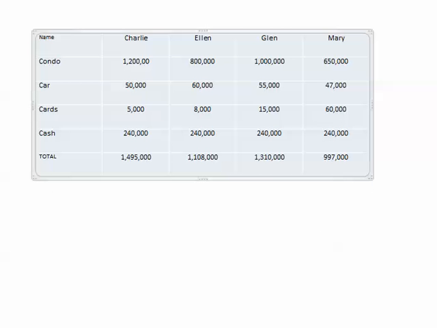So let's go back to the example. So imagine that there are 4 siblings: Charlie, Ellen, Glenn, and Mary. Again, we're dividing a condo, a car, baseball cards, and cash. Notice the cash is the same for everybody. That's $240,000. Obviously, that's what the cash is worth.